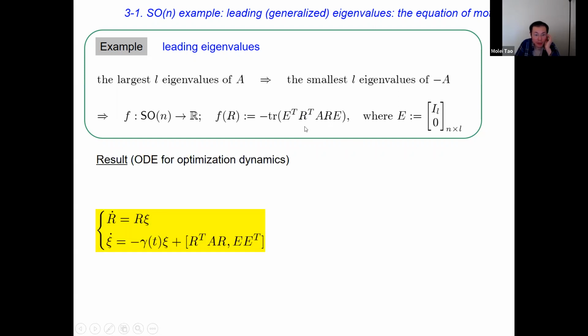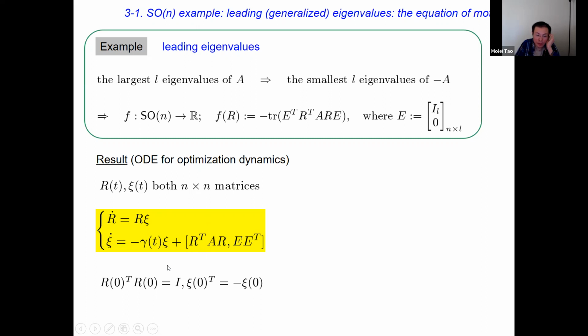And if you use this objective function and plug that into the general equation that I showed earlier, you will get a system of ODEs like this. And R and Kc are just n by n matrices here. And this square bracket is the common matrix commutator. And I don't have to worry about geometry anymore. In fact, here I just have everything working in the ambient Euclidean space.